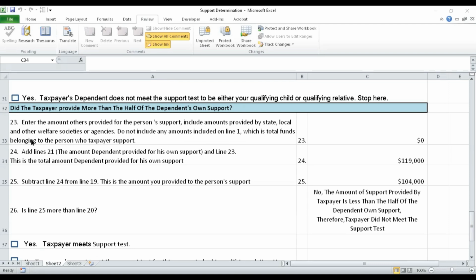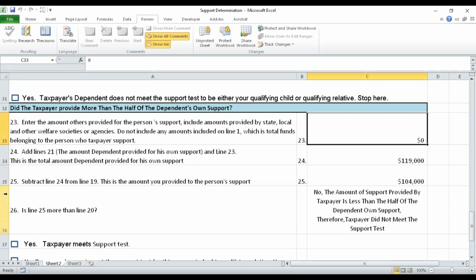The other relatives did not provide any support to the father. The taxpayer is the only one who provides support. And the father didn't get any support from state, local, or other welfare societies and agencies. So the amount is 0 on line 23.